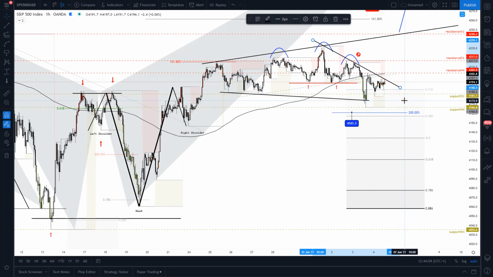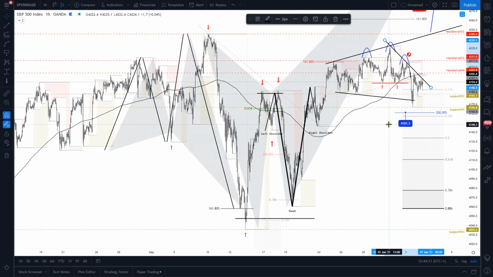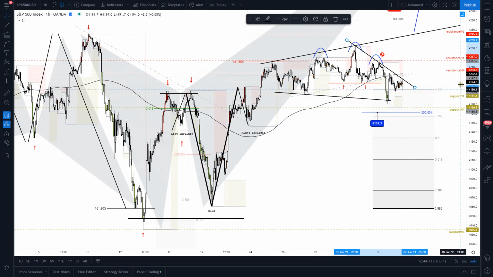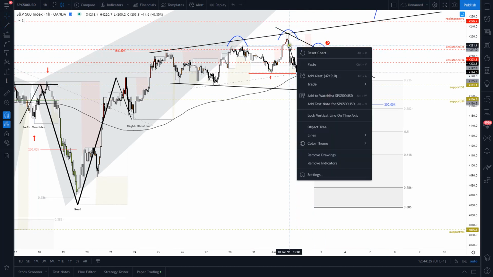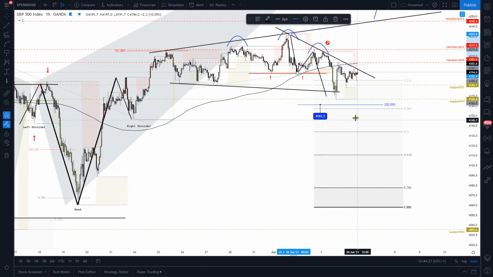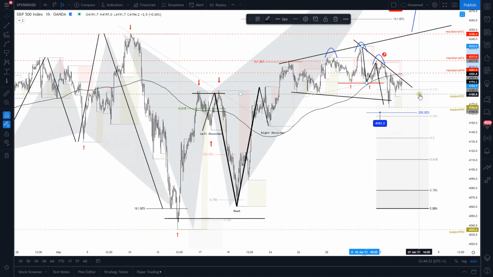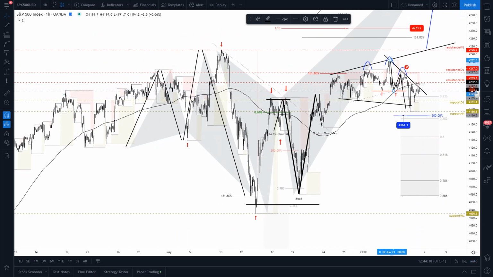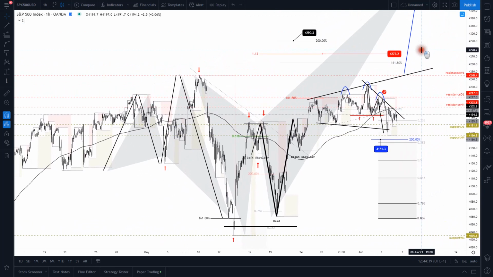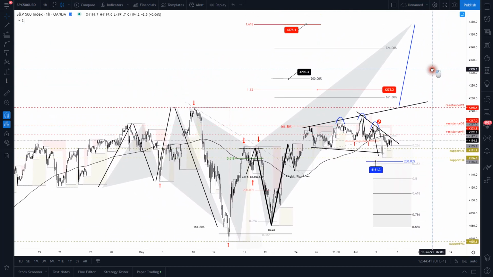A violation of this trend line may suggest a bounce for SPX 500 after a three-wave structure down, kind of an ABC. We can see this as an ABC correction. I will not be surprised to see a major bounce from the recent support zone. So as I said, I remain positioned for the long side.